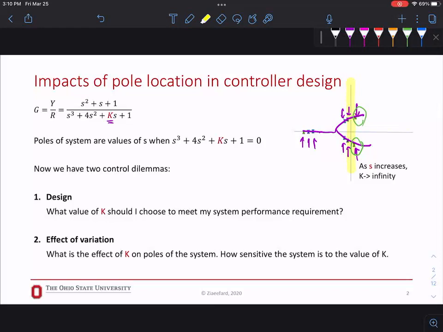So why do the two systems that have two orders of magnitude difference from each other have a similar response? The other one has more poles, right? Yes.